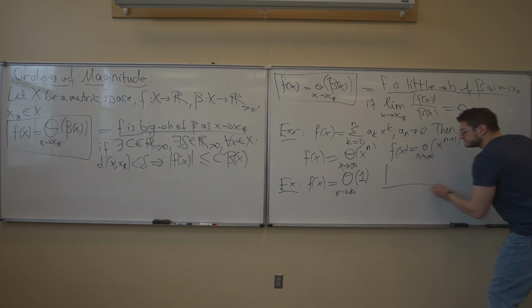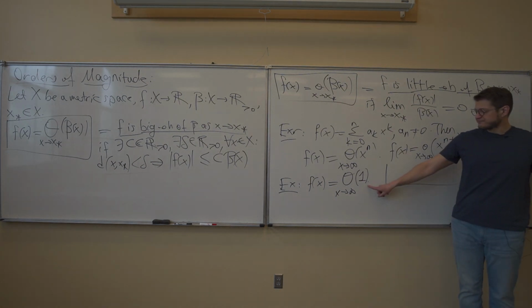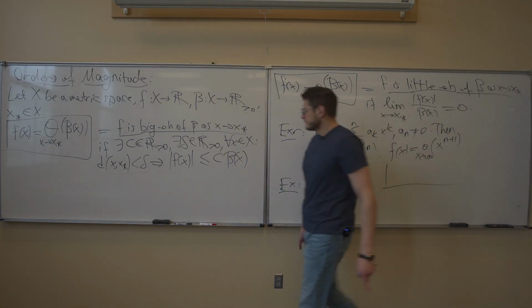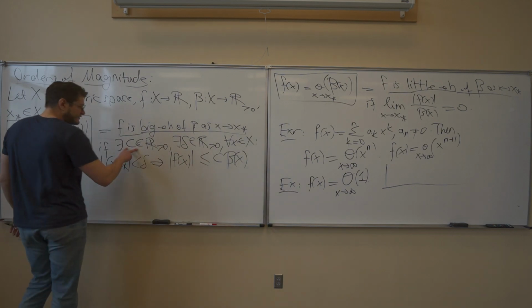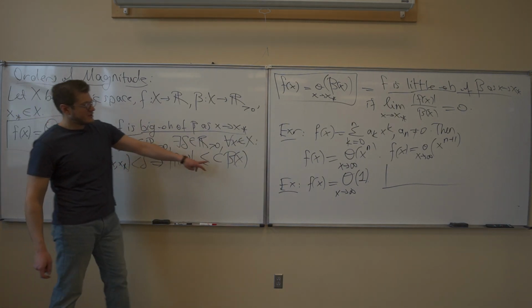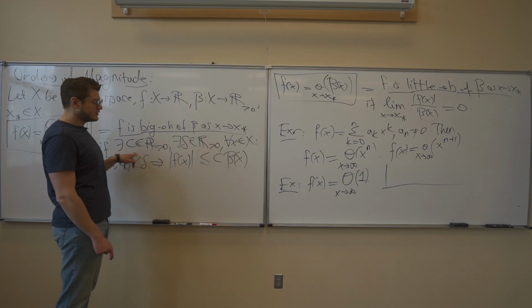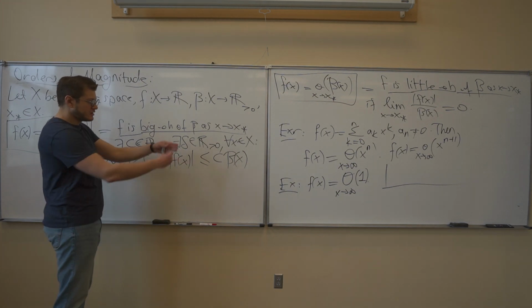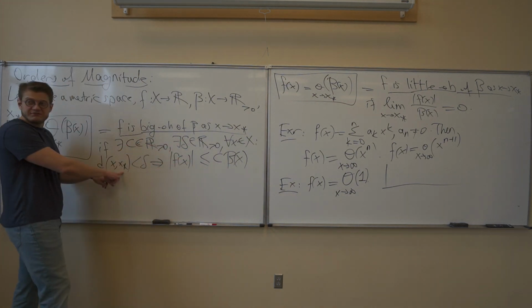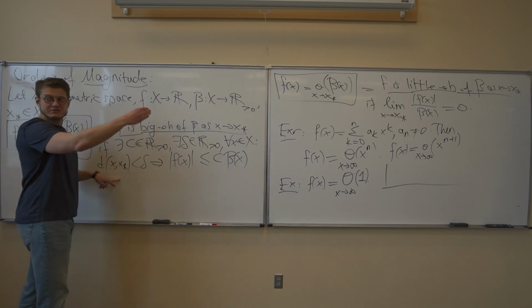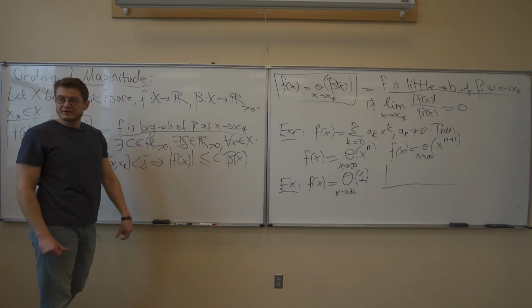So I have the graph. Now what does this mean? This means that there is some constant. So beta here is 1. There is some constant such that if you're sufficiently close to infinity, in other words, if x is sufficiently large, you're going to be bounded by that number.